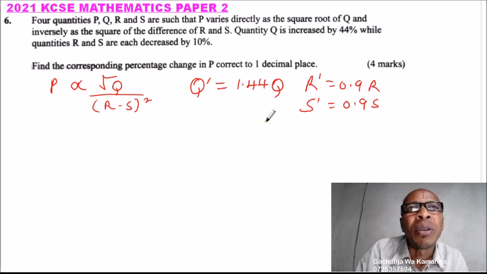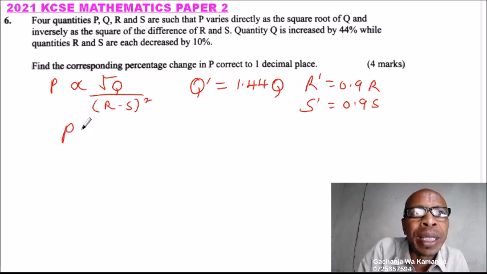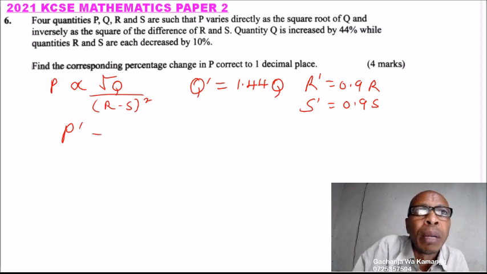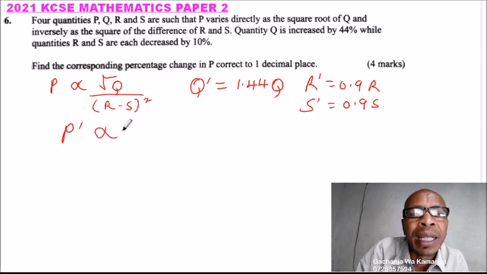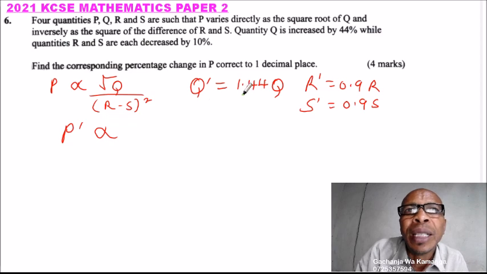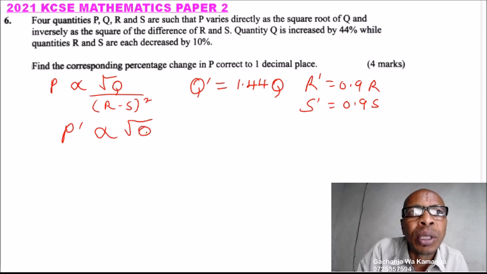So we can now get the new P. It means the new P varies with the new Q. We can first of all write it like this: our new Q divided by our new R minus our new S, and this is squared.